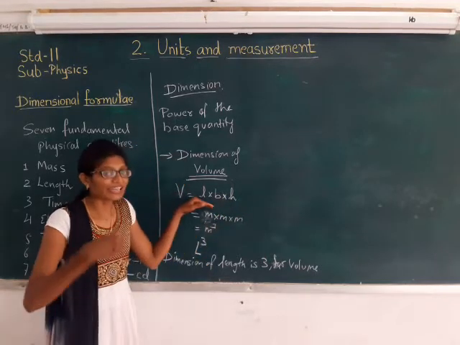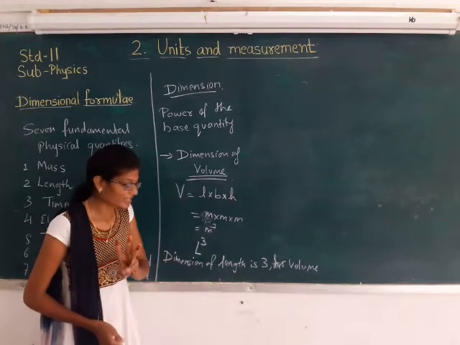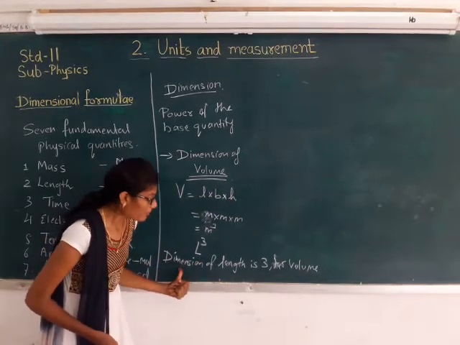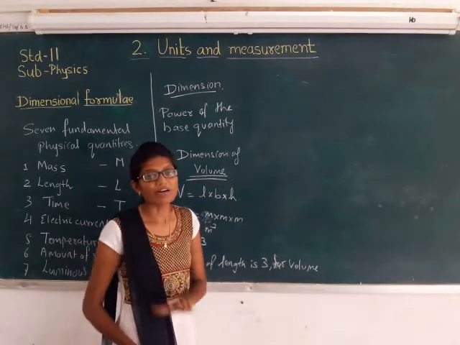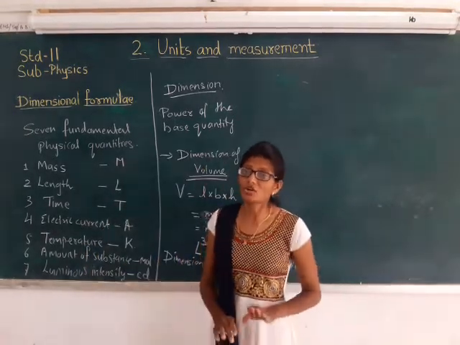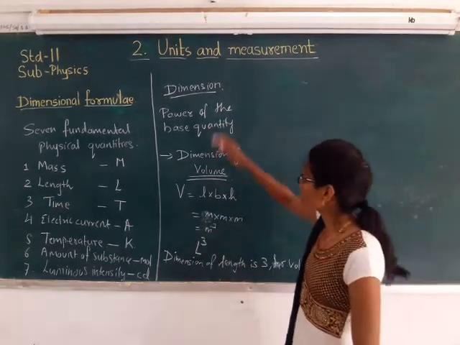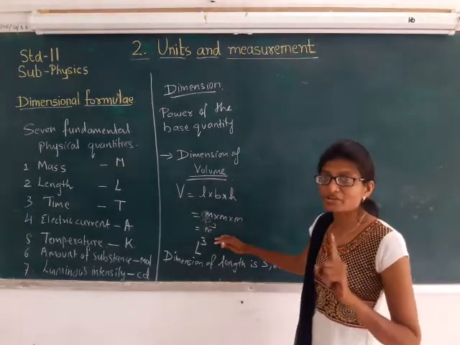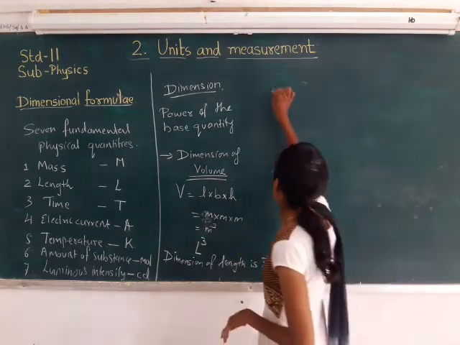That is nothing but the length. One fundamental physical quantity is used over here thrice, right? So dimension of length is 3 for the volume. The power of any fundamental physical quantity is called the dimension. Okay, I hope this is clear for the dimension. Dimension is nothing but the power of the fundamental physical quantity.